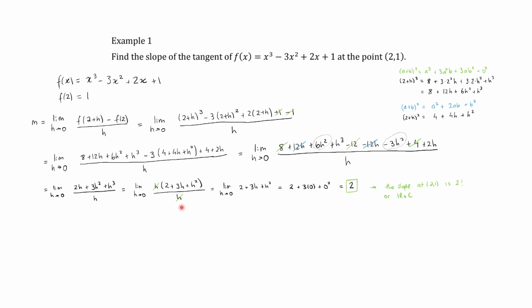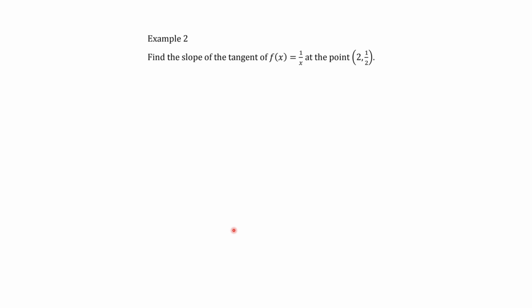All right, let's take a look at another example here. Example 2, find the slope of the tangent of f of x is equal to 1 over x at the point 2, 1/2. All right, so again, same process, right?